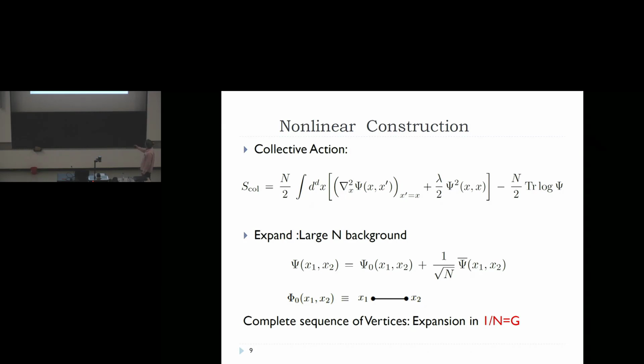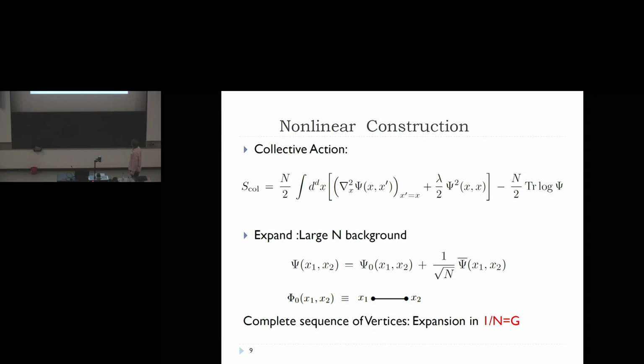First of all, that is the classical action. Trace log psi of that bilocal, you might think of it as some kind of entropy. I will not elaborate more on this action because I will soon be doing calculations using it, so maybe that will illuminate its relevance or usefulness.